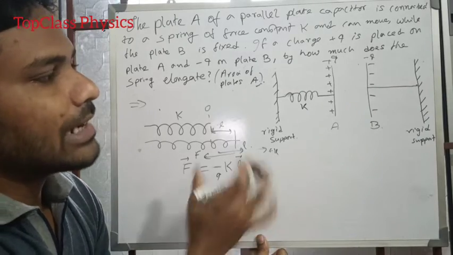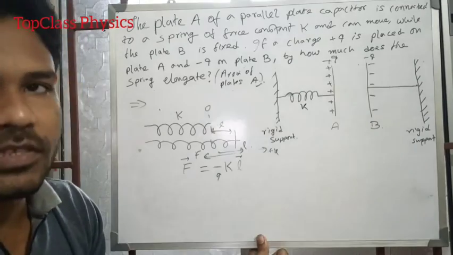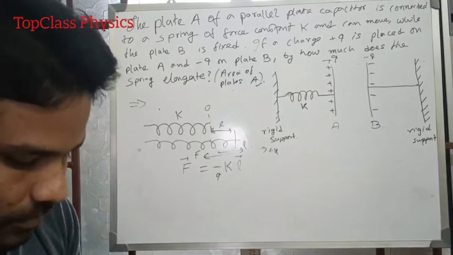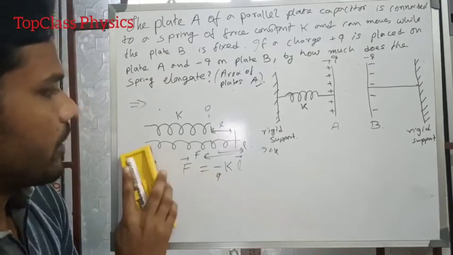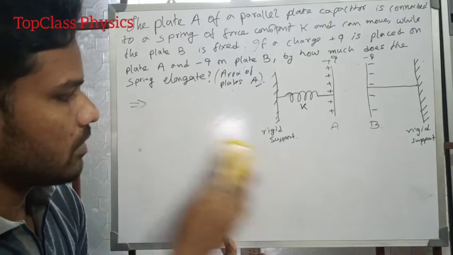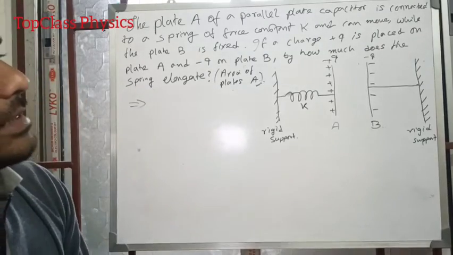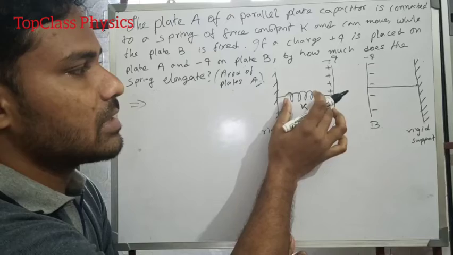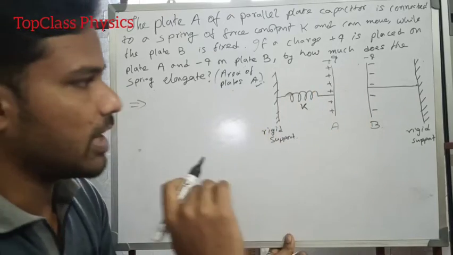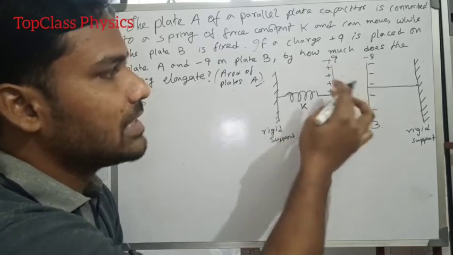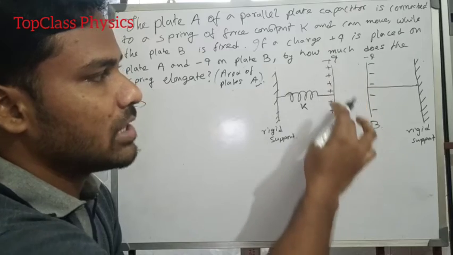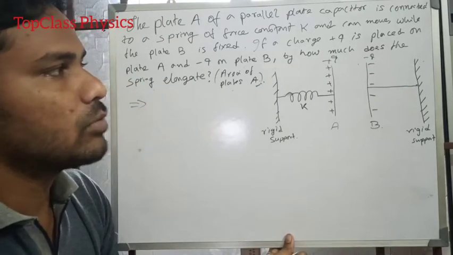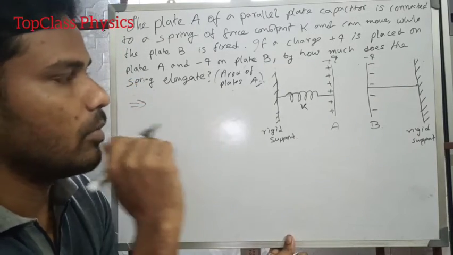Another concept is the capacitor part. Here you can see this is a capacitor. In the initial condition, the spring is attached to this plate. Now if I put the charges, plate A positively charged and plate B negatively charged, just think what will happen.